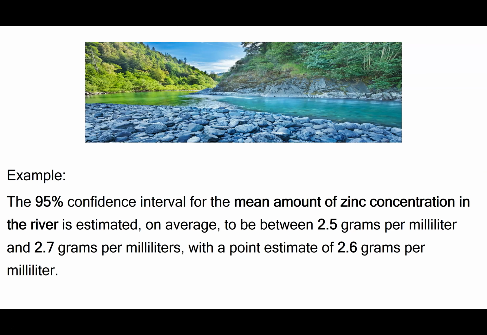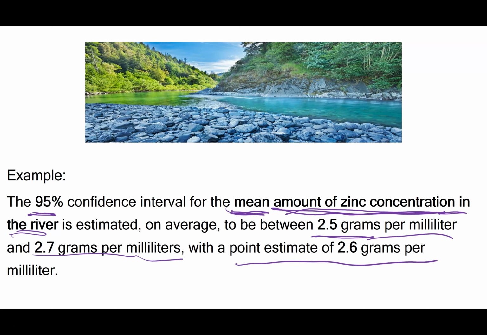So here I have my confidence level. I know that it's mean. Amount of zinc concentration is the variable that we're collecting for all the locations. The population is all locations in this river. And then my actual interval, 2.5 grams per milliliter to 2.7 grams per milliliter, then my point estimate with units.